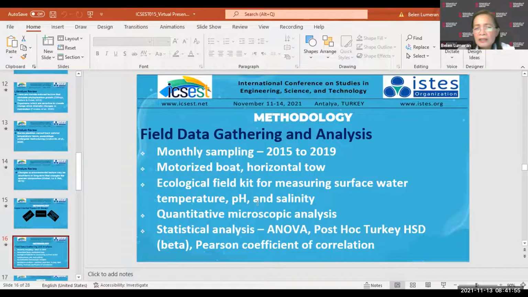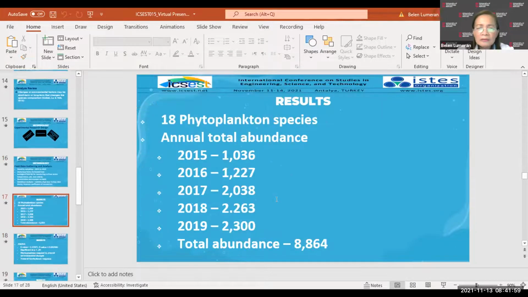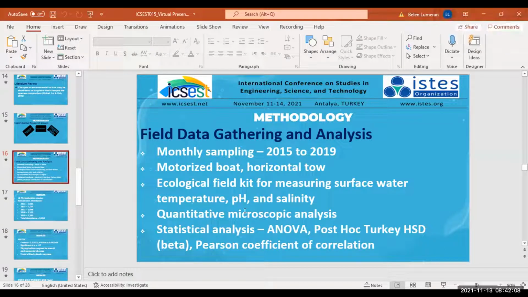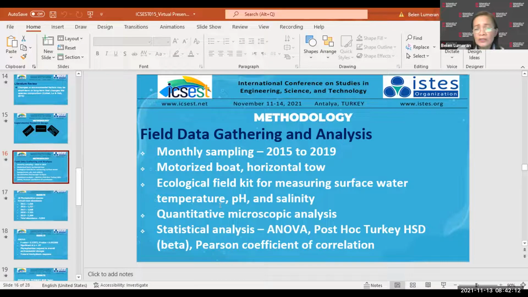I conducted monthly sampling from 2015 to 2019 in just a small part of the Bahrain Sea using motorized boats and a horizontal tow. I used the ecological field kit for in situ determination of water temperature, pH, and salinity.